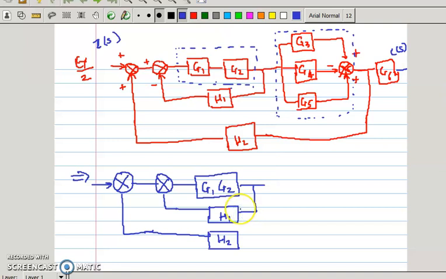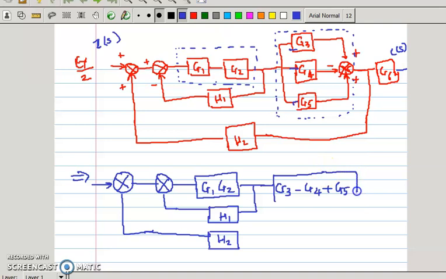The second rule we applied here is that G3, G4, G5 are all in parallel. What does the parallel connection rule say? We can write it like this: G3 is positive, G4 is negative, so I write G4 with a negative sign, plus G5.